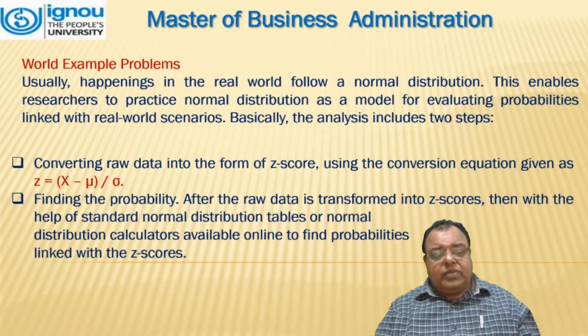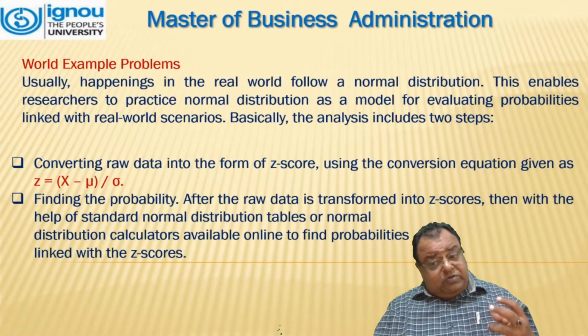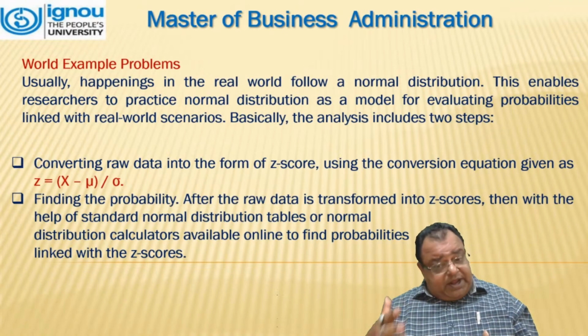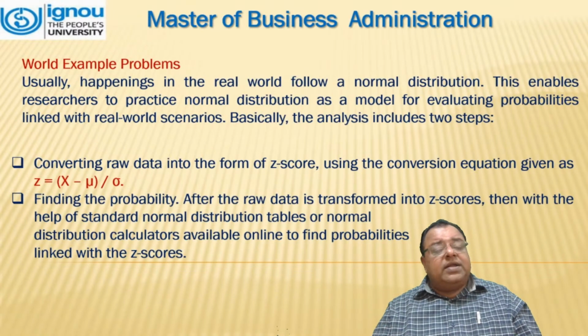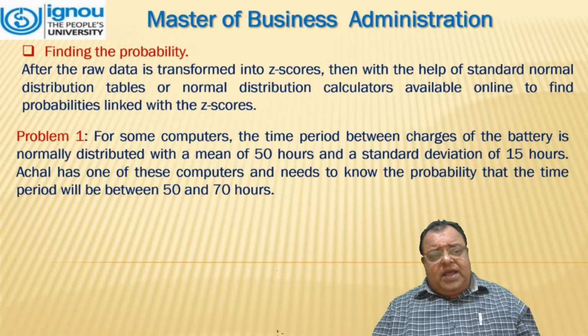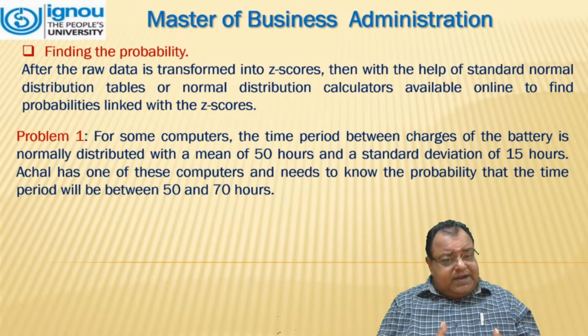Secondly, finding the probability after the raw data is transformed into a z-score, with the help of standard normal distribution tables or normal distribution calculators available online to find the probabilities linked with the z-score.